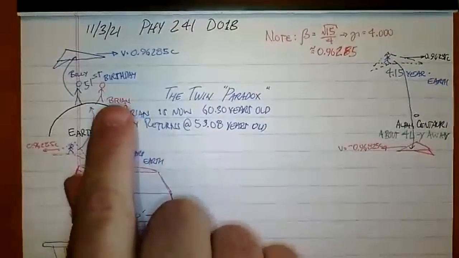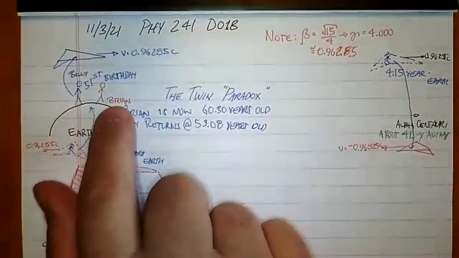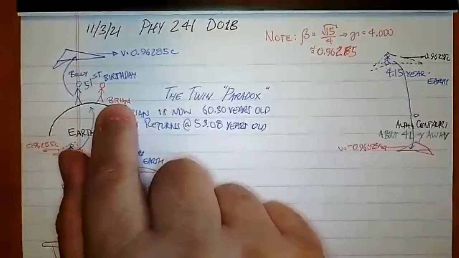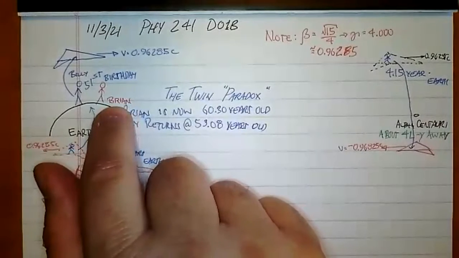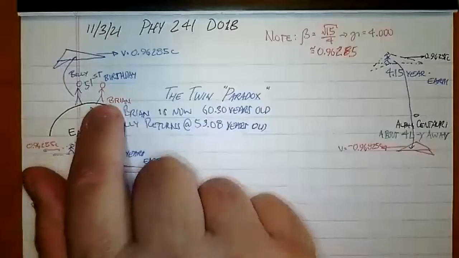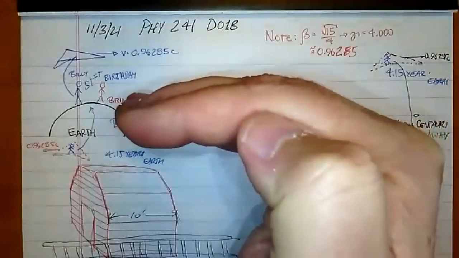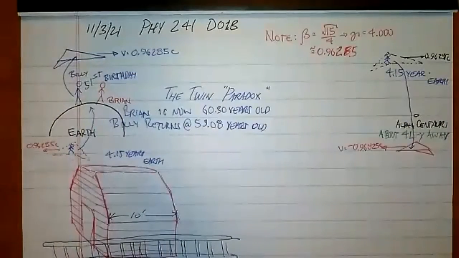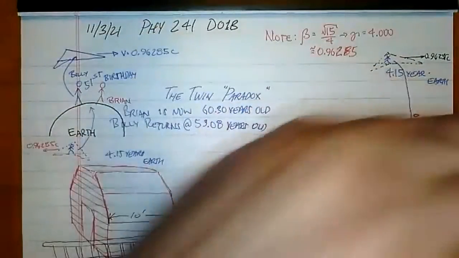My brother, who's quite vain, by the way, vain and ugly and has no hair and all that good stuff. So my brother wants to claim that he's the younger one, right? So he claims that, in fact, the Earth and Alpha Centauri flew this way at 0.96285 the speed of light, and then turned around and flew back this way at 0.96285 the speed of light.